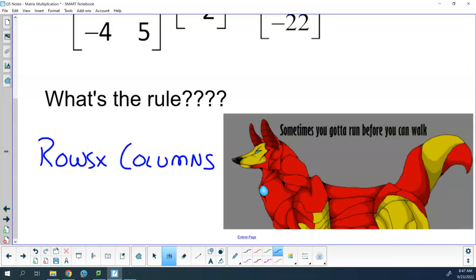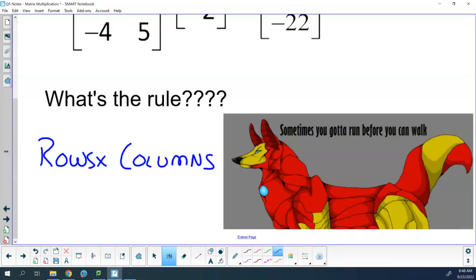Let's dive in. The first thing I should tell you is that when we're multiplying numbers, we can multiply any number times any other number. 5 times 7, negative 6 times 8, 1/2 times the square root of 8,433. We can multiply all of those together, and they all work.